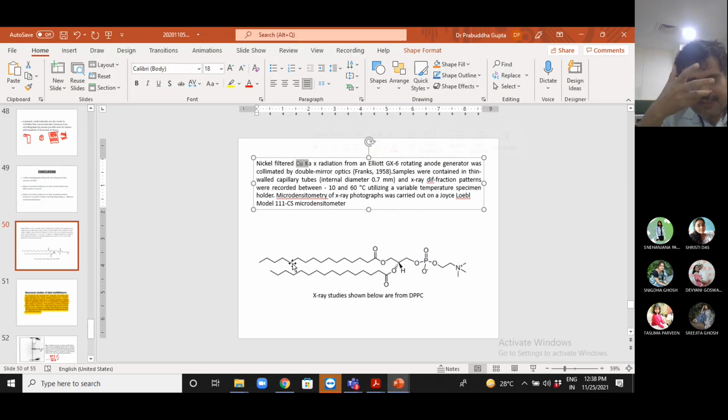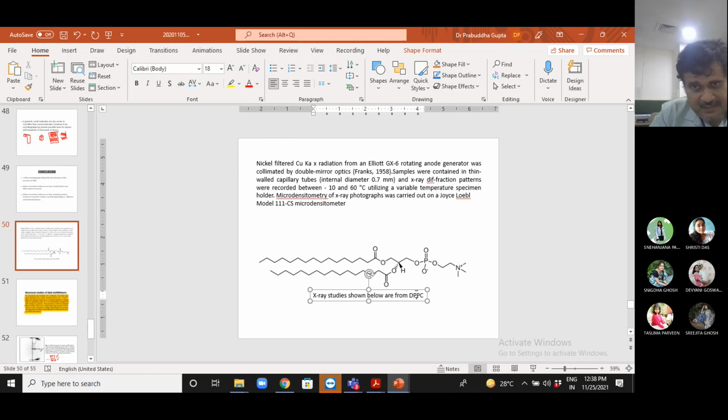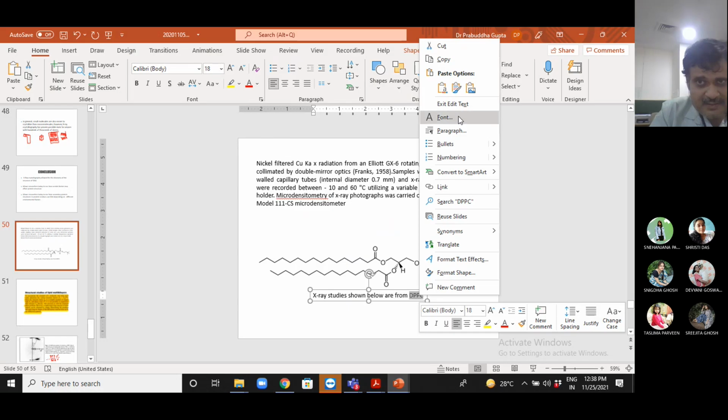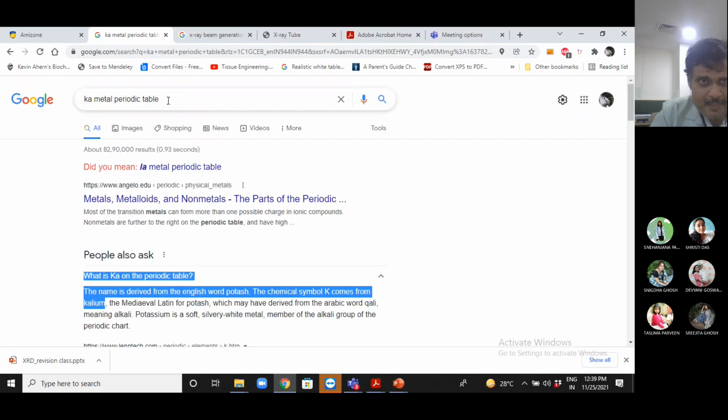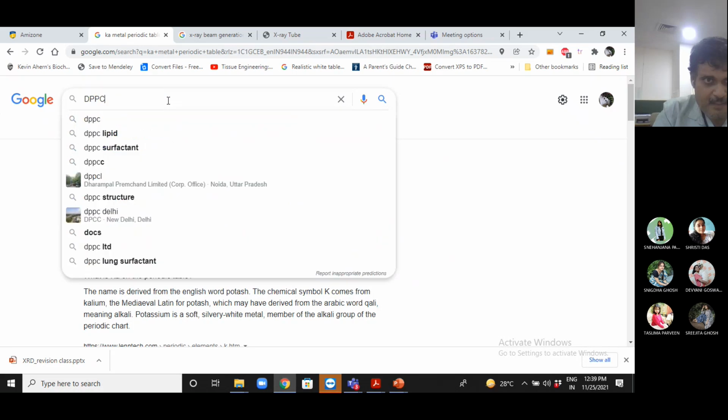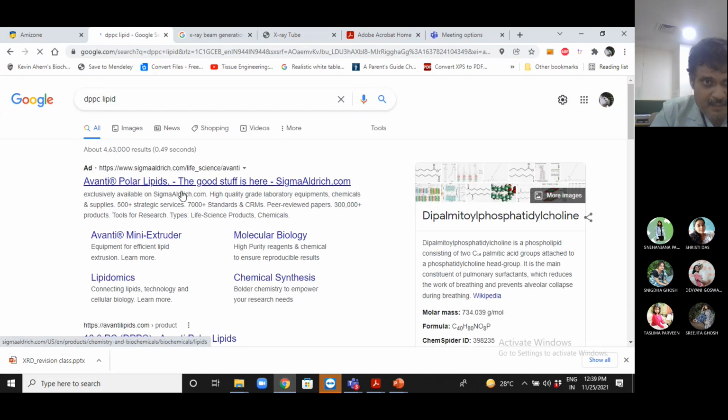These parameters are used to get the X-ray, and the membrane was made up of DPPC. What is the full form of DPPC? It should have been written there. DPPC is dipalmitoyl phosphatidylcholine.